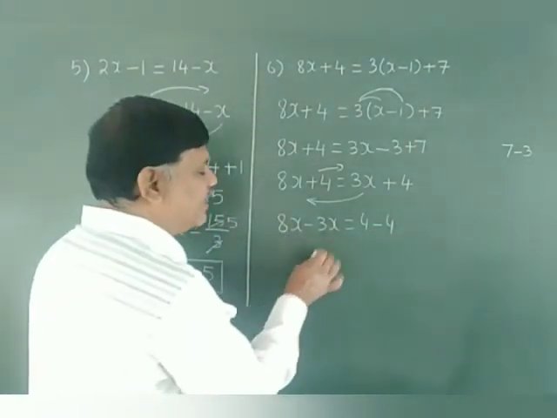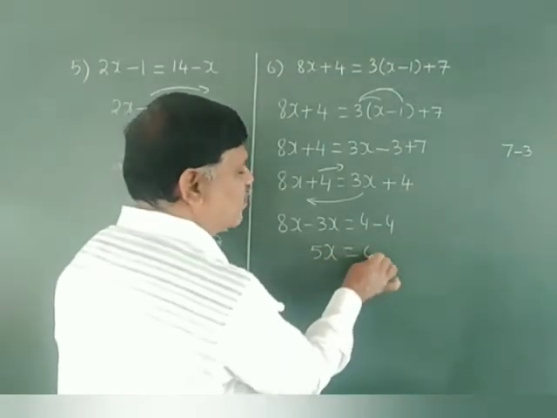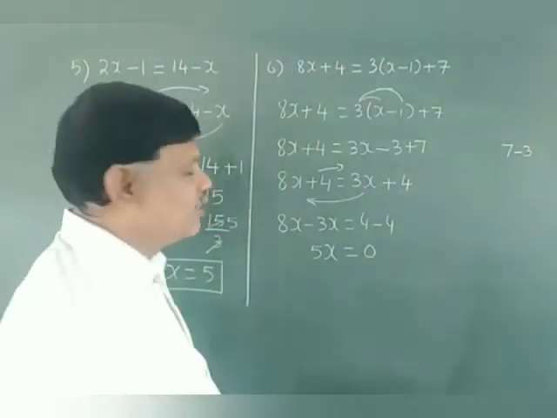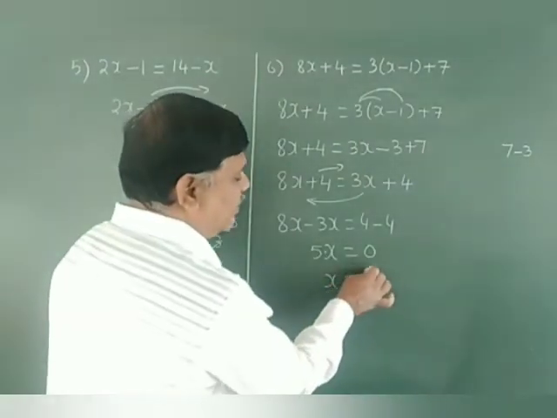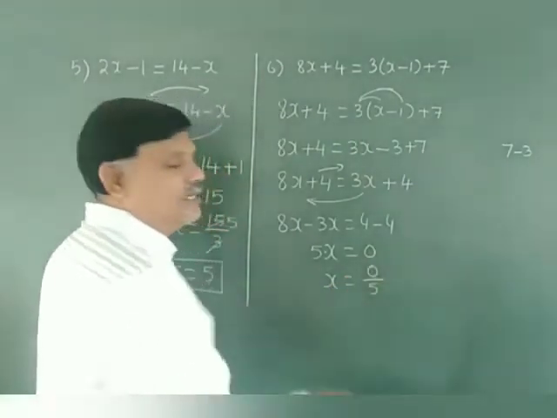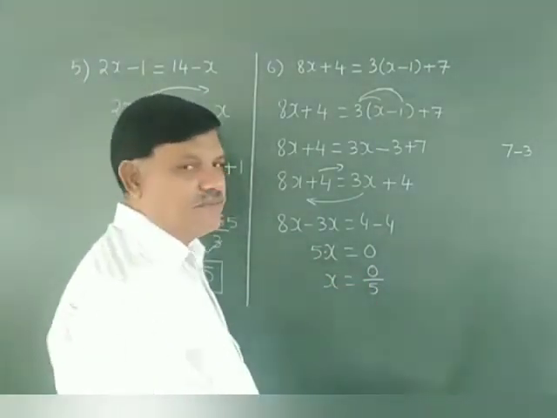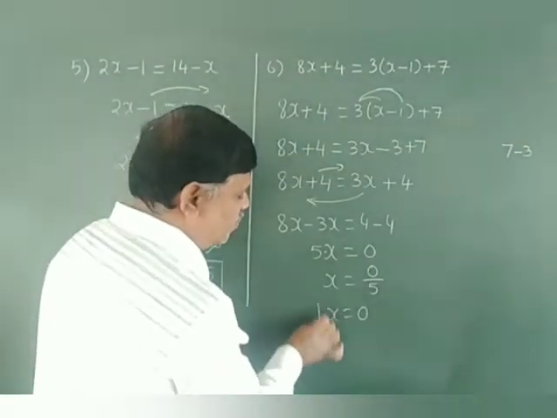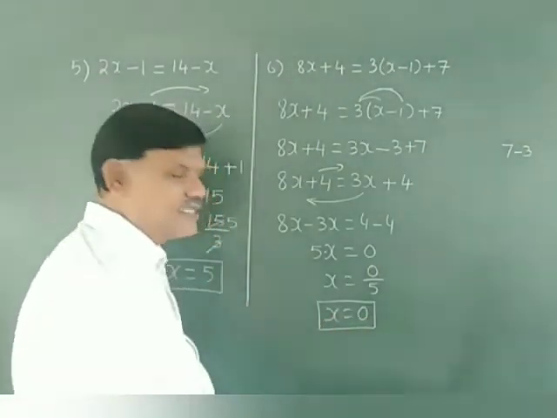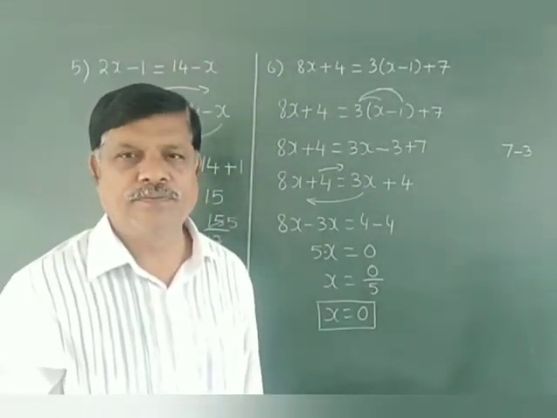So 8x minus 3x is 5x and 4 minus 4 equals what? 0. Now here 5 is in what? Multiplication. Therefore, it is taken to the denominator of the 0. Now 0 divided by any number is what? 0. Therefore, the solution for this equation is x equals 0.